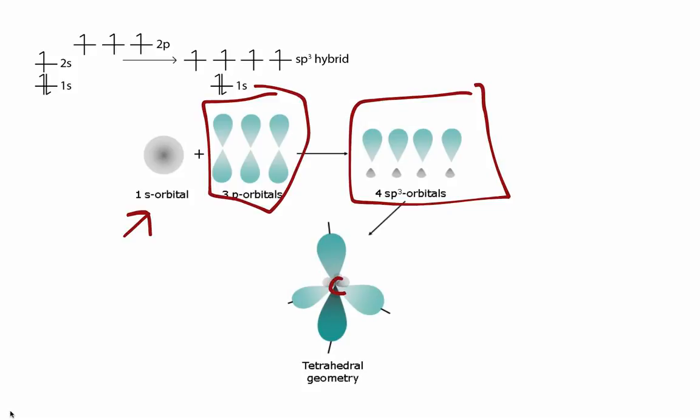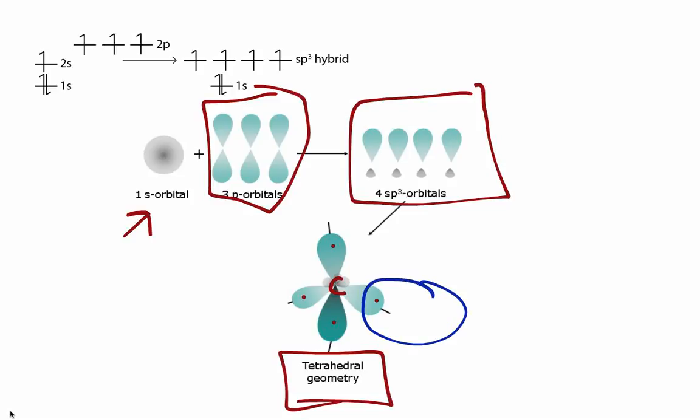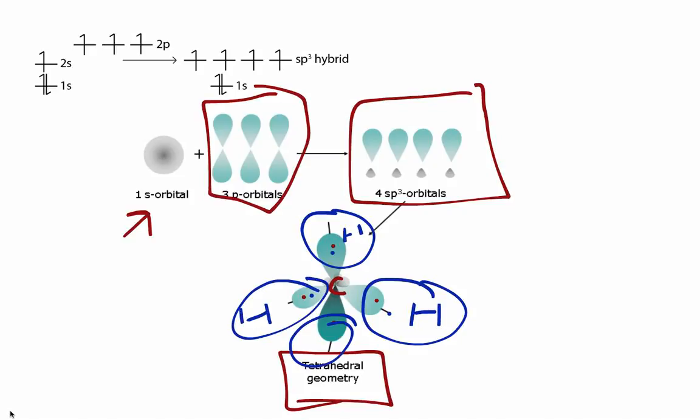Carbon has 1 electron in each of these hybridized orbitals, and it has tetrahedral geometry, which is what we actually find in the shapes carbon bonds in. So along each of these axes, it can combine with a hydrogen here, a hydrogen here, a hydrogen here, and a hydrogen here. So methane has a tetrahedral shape.